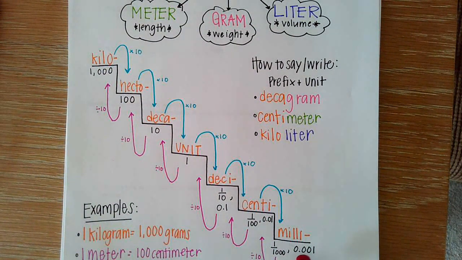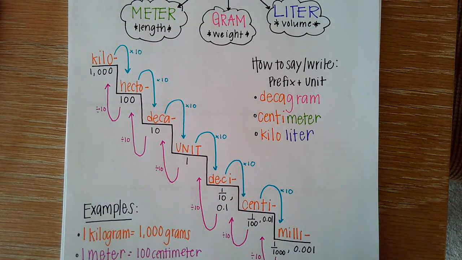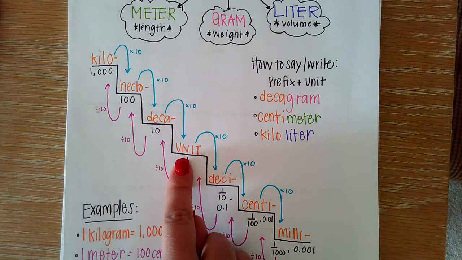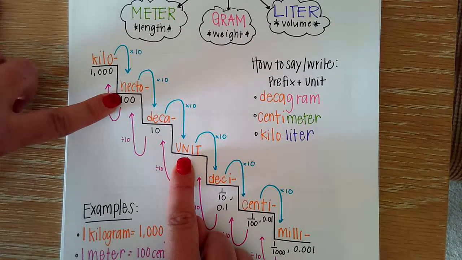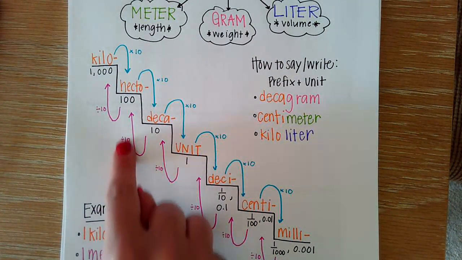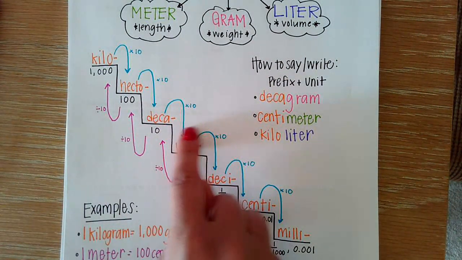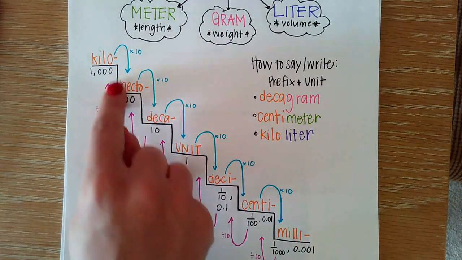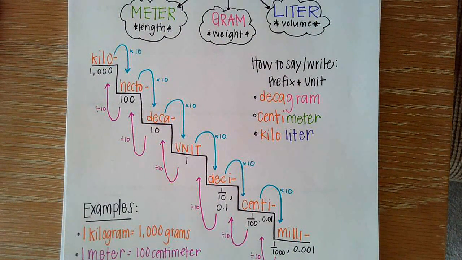For example, if I have millimeters and I want to convert them to centimeters, I'm going to divide the amount of millimeters I have by 10. If I want to take a gram, my unit, and figure out how many grams I have in hectograms, I would need to divide by 10 by 10, divide my grams by 10 to the power of 2 to get the number of hectograms that I have.